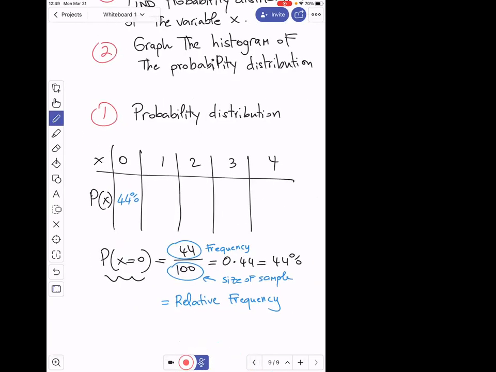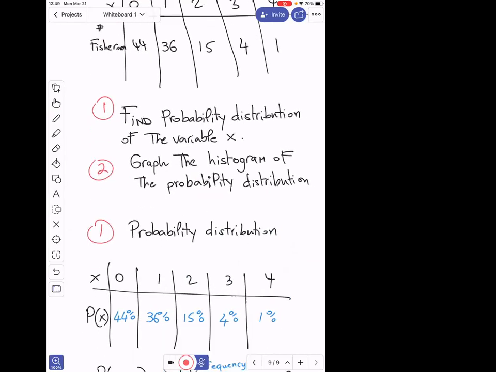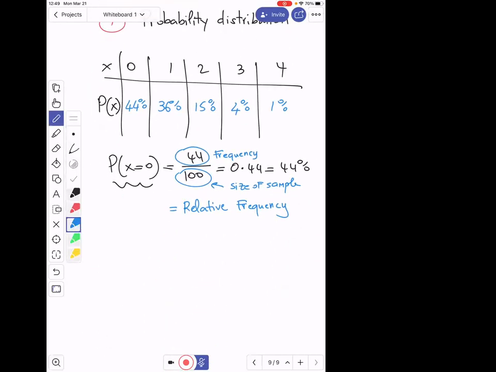So the answer would be, of course, 36%, etc. Here I think it's 15%. Then we have 4 out of 100, so that's 4%. And then we have 1 out of 100, so that would be 1%, right? And then the histogram.